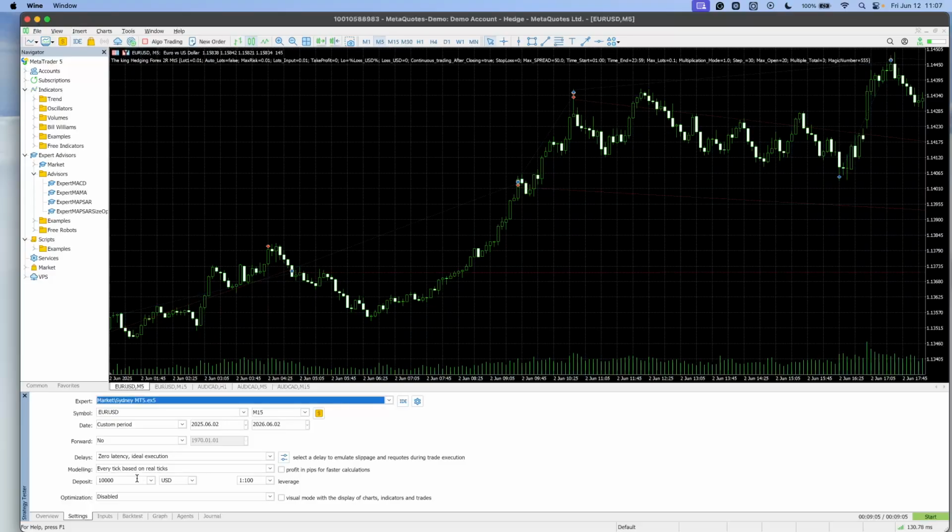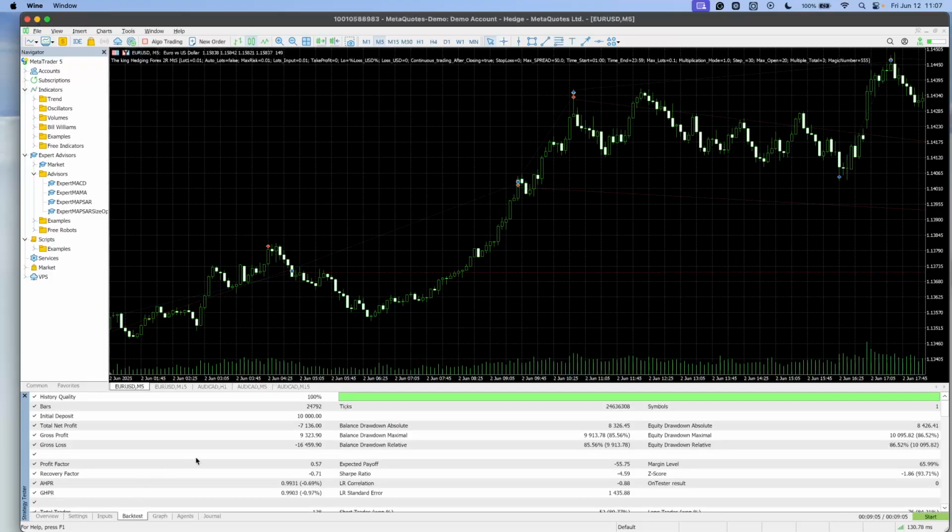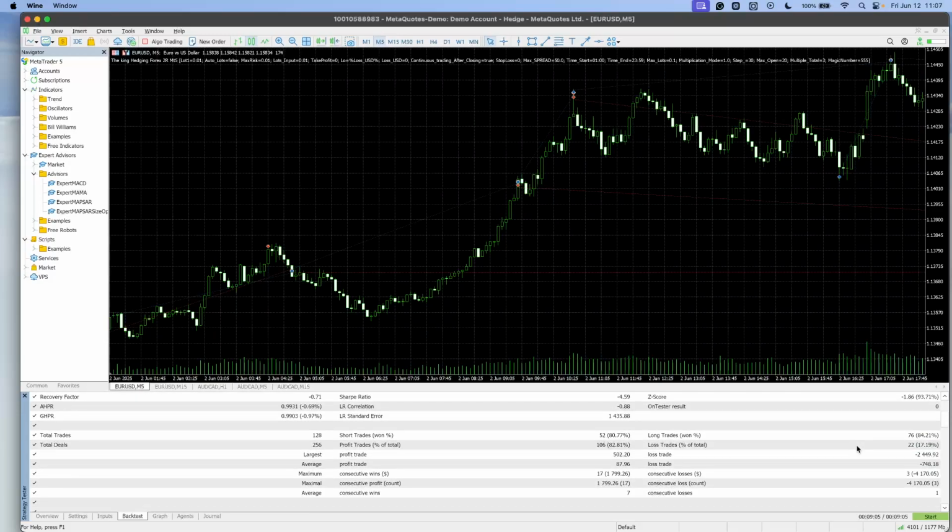Let's look at the results. Results came in with a heavy loss of about negative $7,136, a profit factor of 0.57, and max equity drawdown hit a brutal 86.52%. For the balance it was 85%. Then there are only 128 trades in total for the test, but the losers were painful.